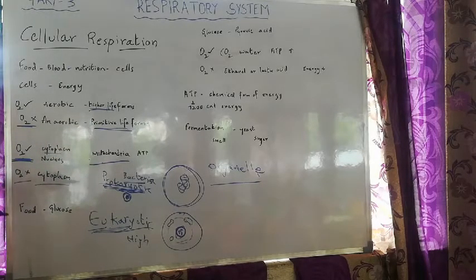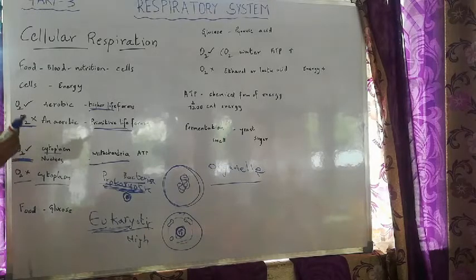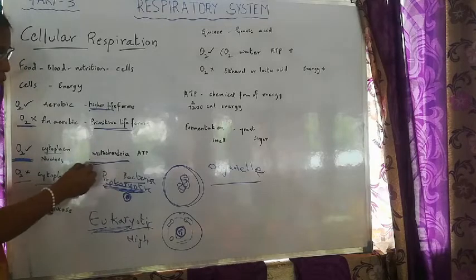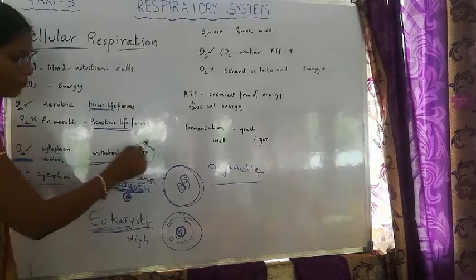If we eat one day and starve the next day, are we dying immediately? No. The body is capable of living, right? Energy can be stored in our body as fat. In the cells, it can be stored as ATP.